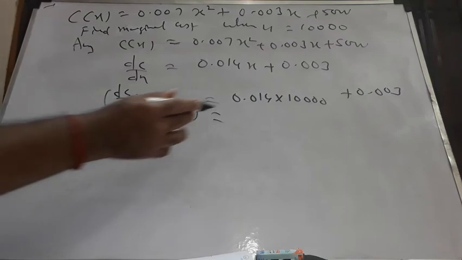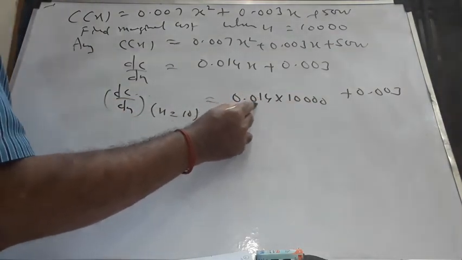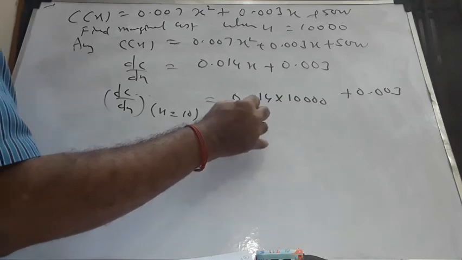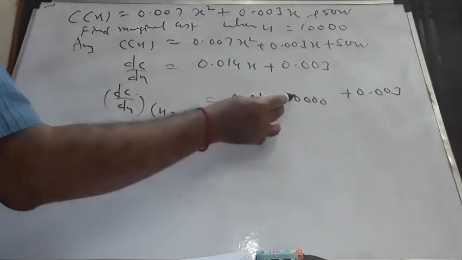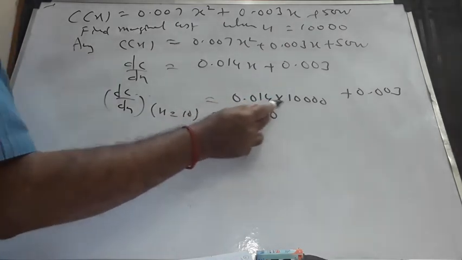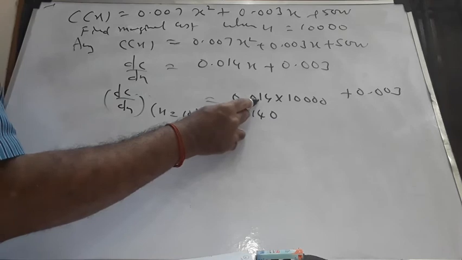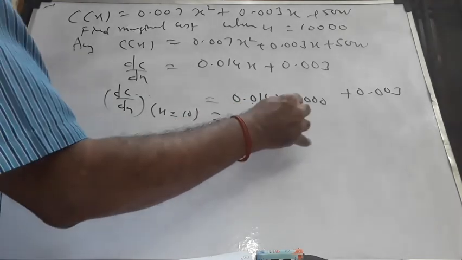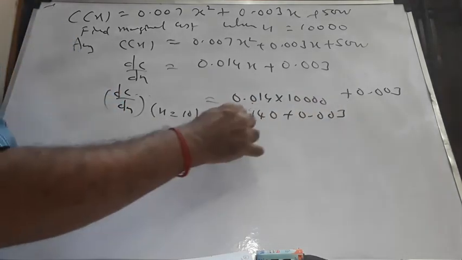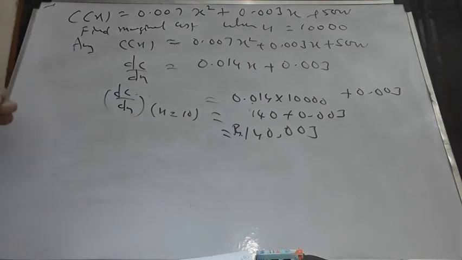I have 4 zeros, so I have to move the decimal 4 digits to the right. Into 10 gives you 0.14, into 100 gives 1.4, into 1000, therefore 140, plus 0.003, which is 140.003 rupees.